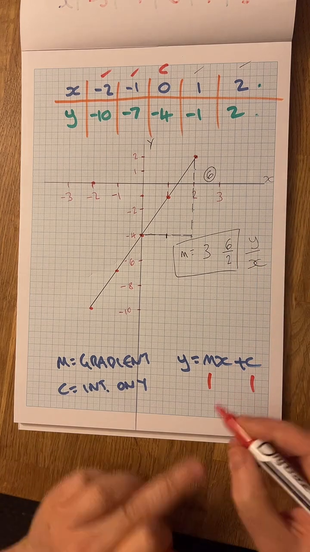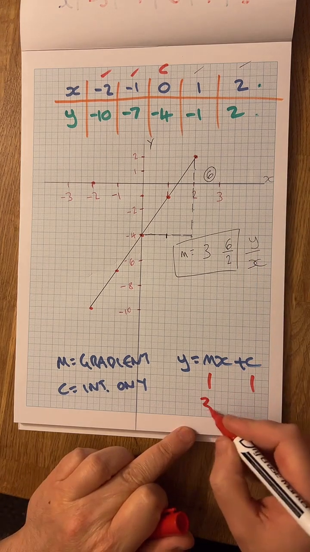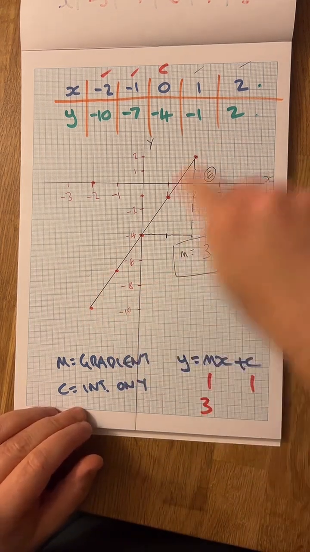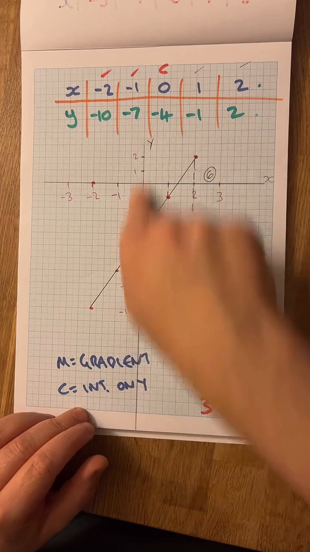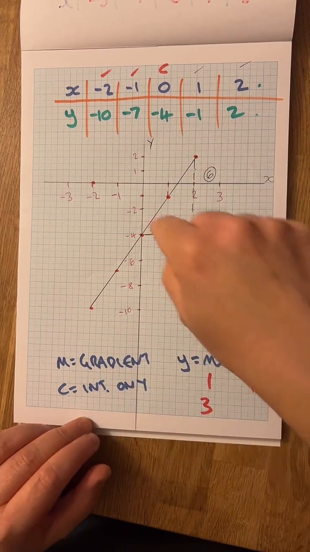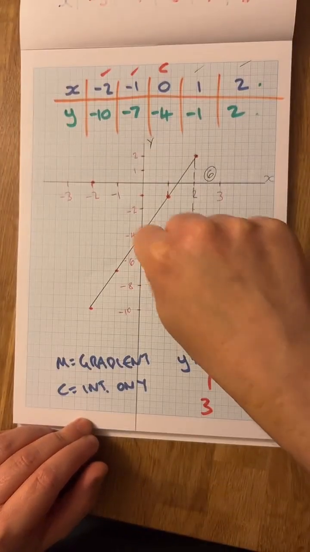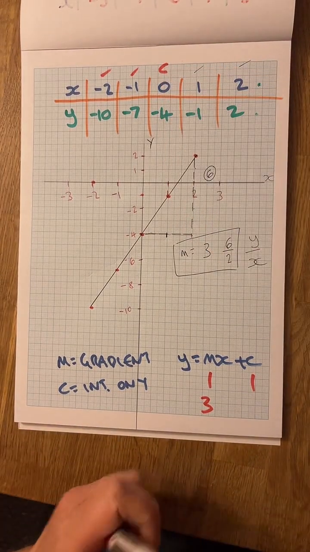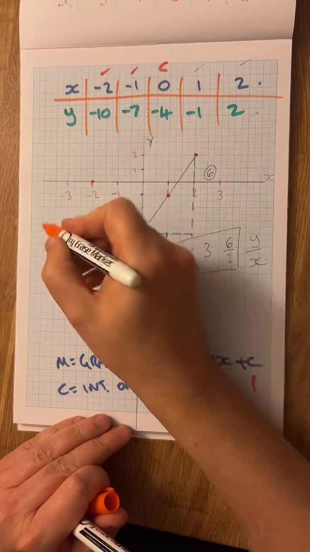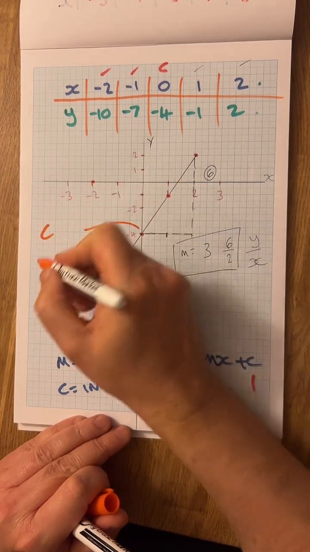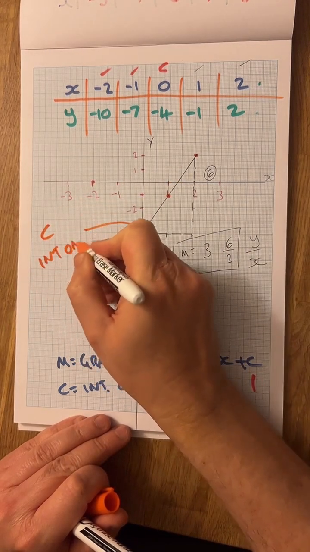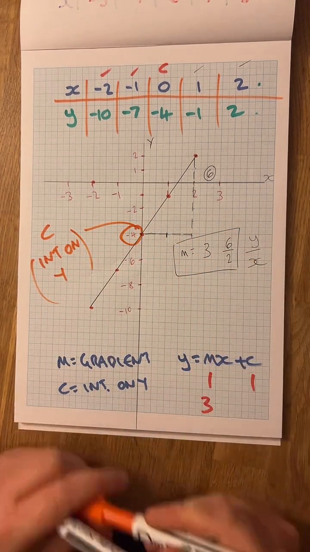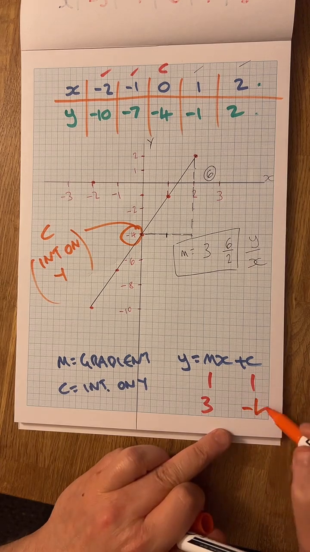And C is where this line crosses the intercept of Y, which is -4. You might have to label it: that's the C value, intercept on Y, which is -4. So C is -4.